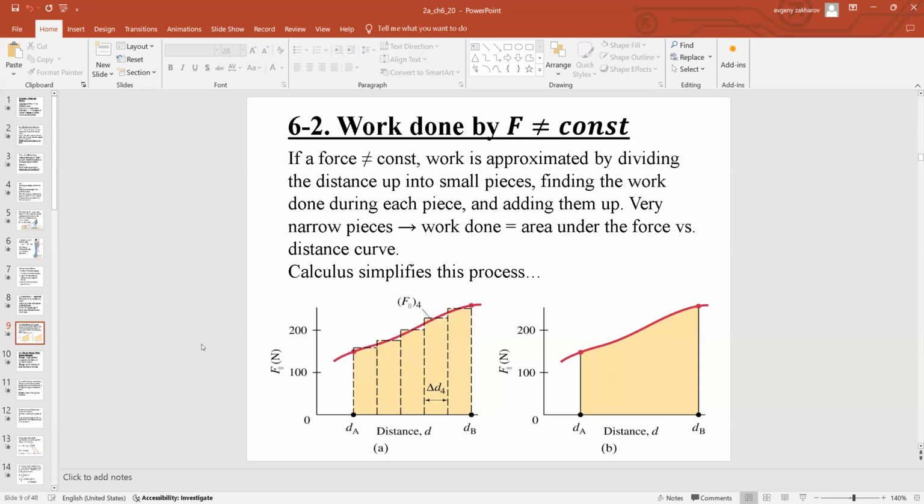You will do that later at the calculus level. For now, you will not see any force that is not constant other than the spring force. And for that, you'll just do the average between the initial and the final. We'll discuss that a little later.